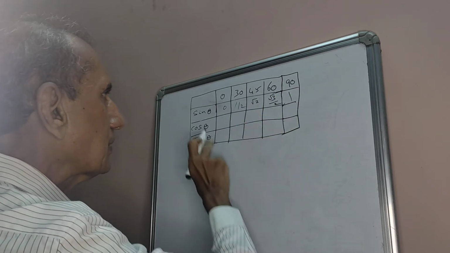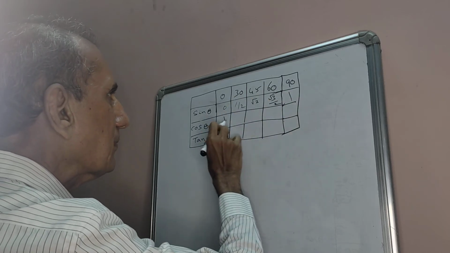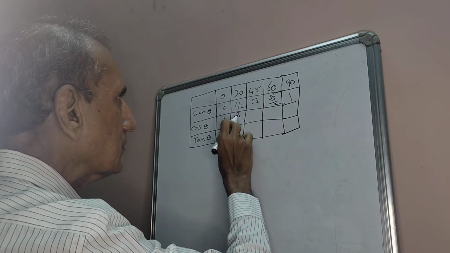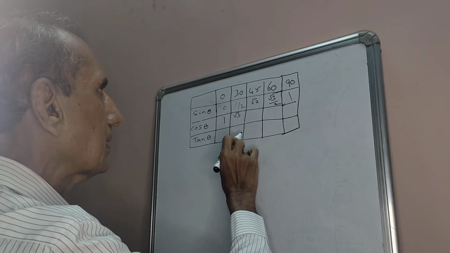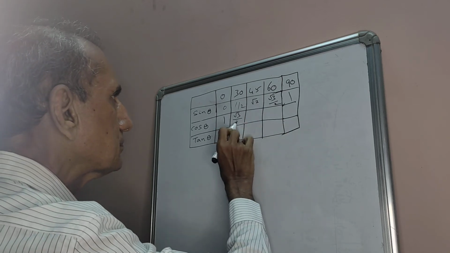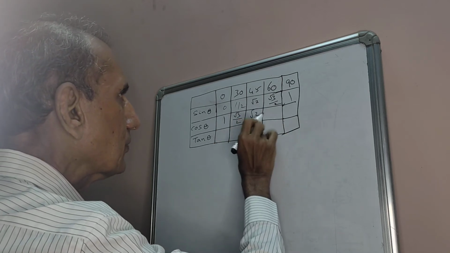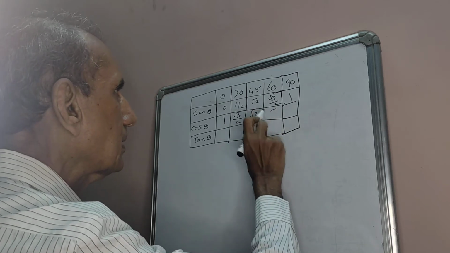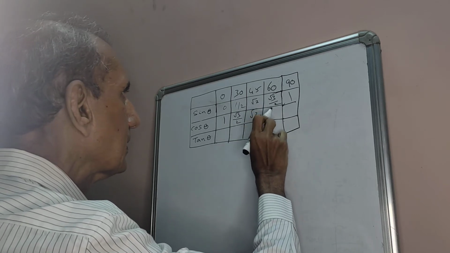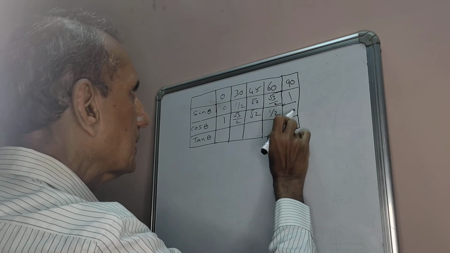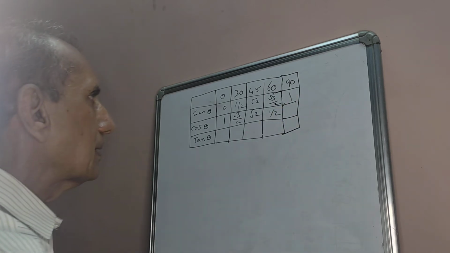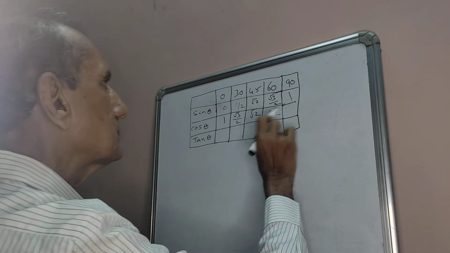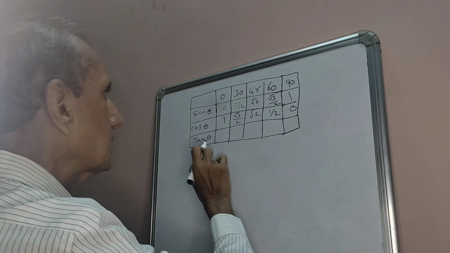This is 1. Cos theta is the opposite of this, so this would be 1, then root 3 by 2, then root 2, then 0.